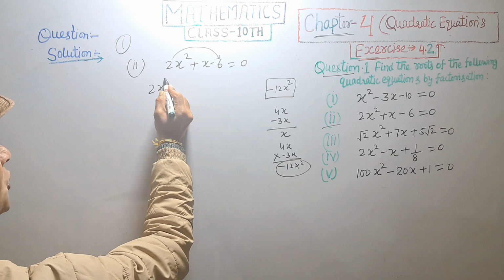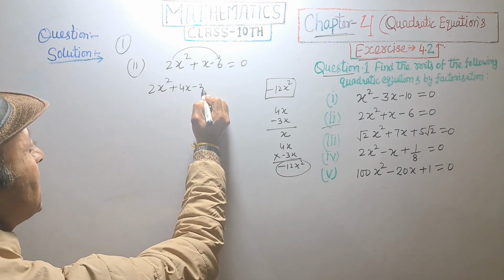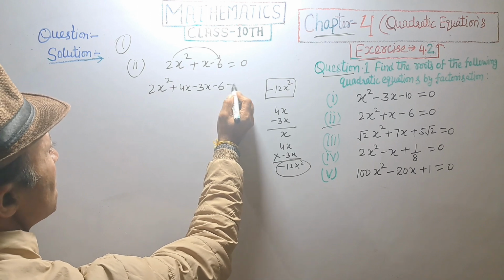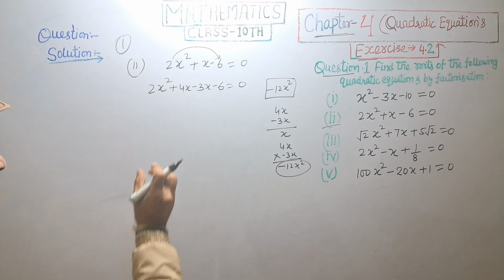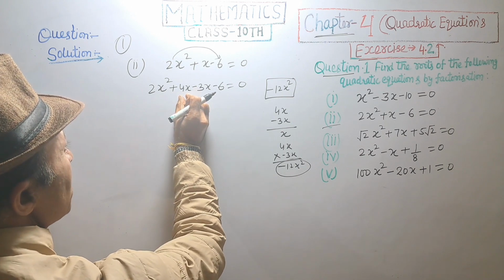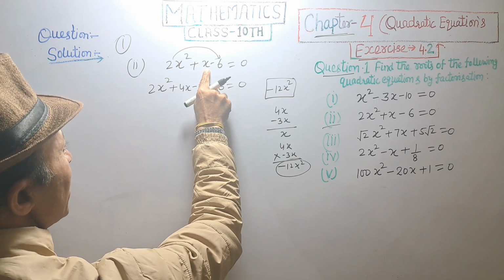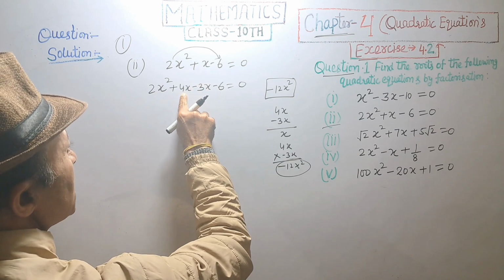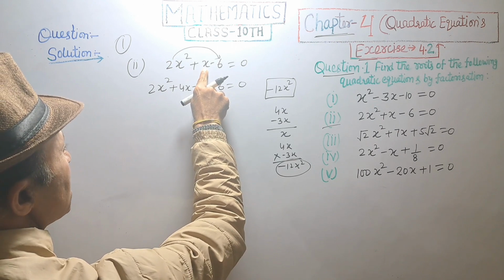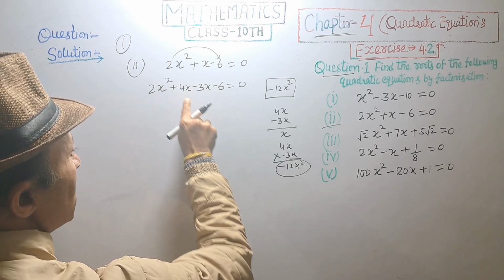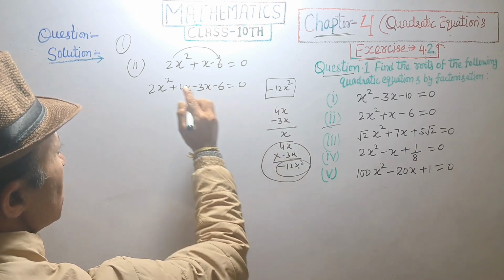So 2x raised to power 2 plus 4x minus 3x minus 6 is equal to 0. 4x minus 3x is equal to 1x, positive x, and 4x multiplied by minus 3x is equal to minus 12x square.